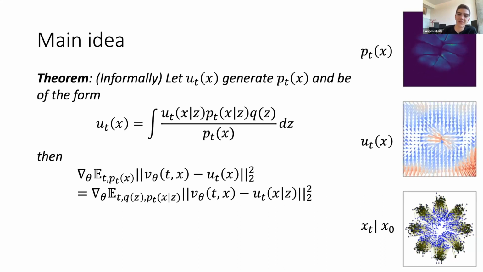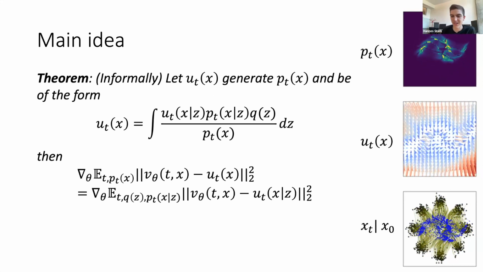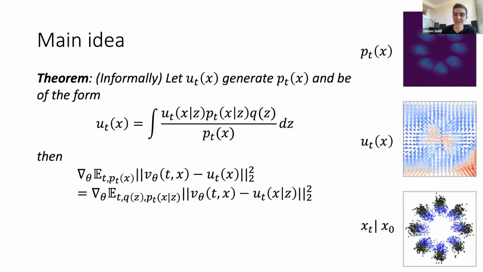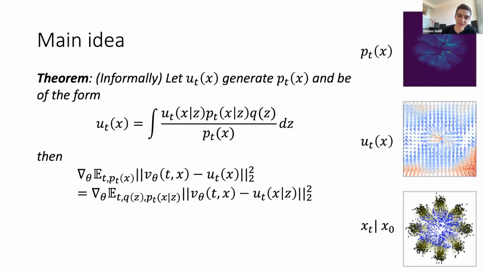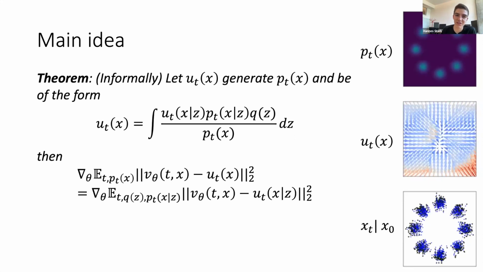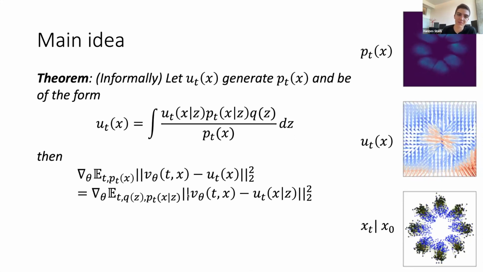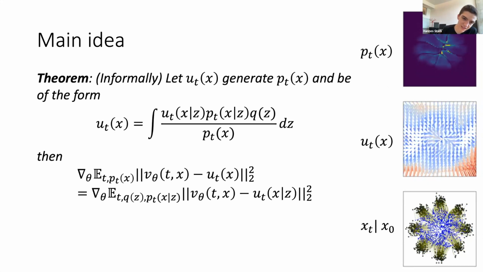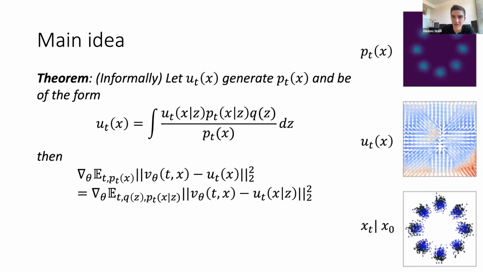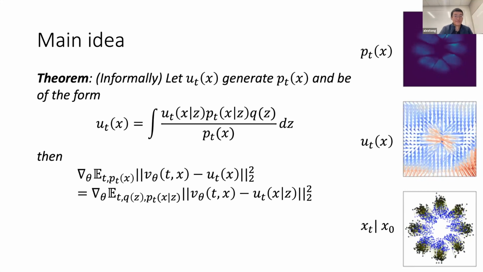So what you want to do instead is sample p_t(x given z) and then put that x into our u_t(x given z) and then average over all these choices of z, which is sampling from your q(z). And then you end up with the same thing as what we can't do. Yes. Okay, then what is q(z)?